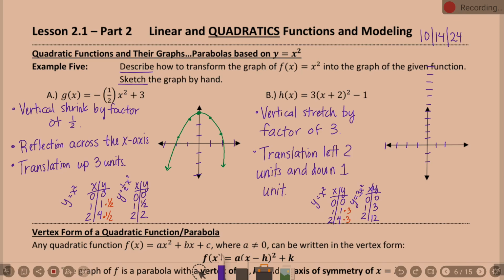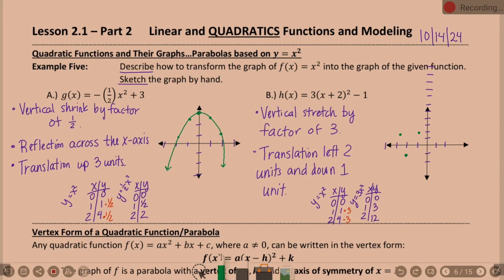Okay. So my vertex went left 2, down 1. My first set of points that normally go over 1, up 1 are going over 1, up 3, which puts them 2 above the x-axis, if you will.